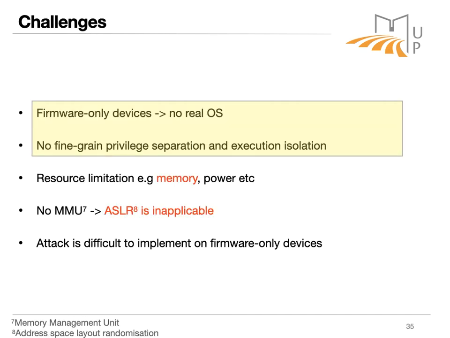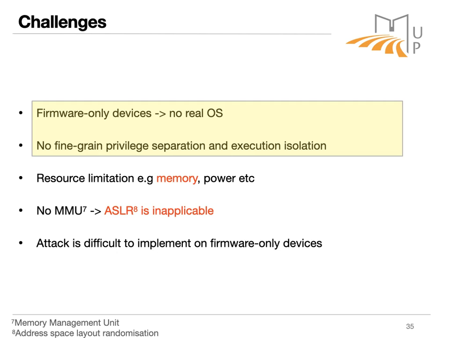Now, here are some of the challenges of detecting or mitigating code reuse attacks on firmware-only embedded devices. These devices have neither a real operating system nor the fine-grained privilege separation and execution isolation that are available in conventional operating systems, but only a firmware that runs directly from the flash memory and performs only a manufacturer's predefined set of tasks.